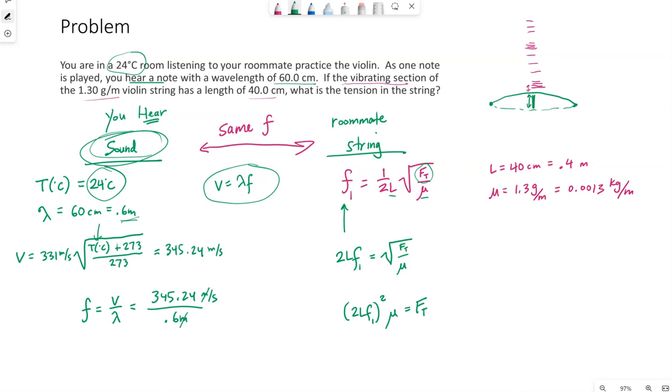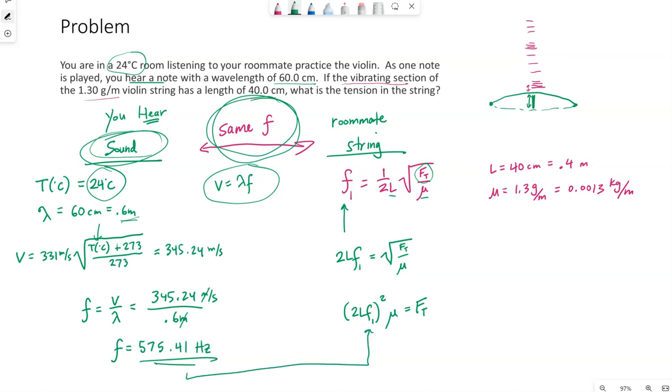I need the wavelength in meters so that I'm coming up with hertz for the frequency. So I divide that by 0.6, and I find the frequency to be 575.41 hertz. The meters canceled, and so I'm left with 1 over seconds. This frequency is the same. So the frequency of the sound wave I'm listening to is also the frequency of the wave on the string.